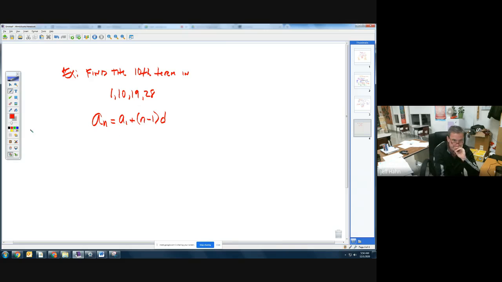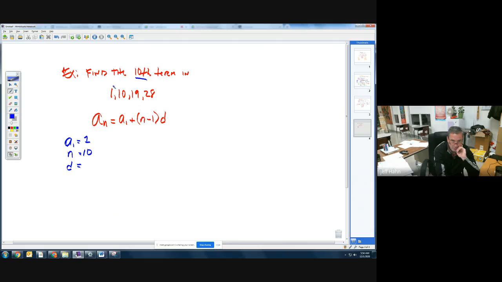So there's my formula. Now let's throw down all the information that we know. We know that a sub 1, the first term, is given to us. It is 1. The number of the term I want said the 10th term. And you're going to have to do a little calculating here. What is the common difference?